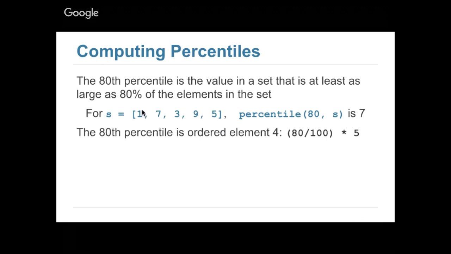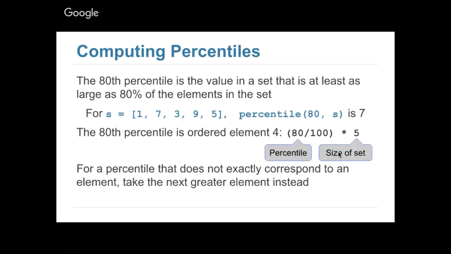Another way of computing it: take 80 divided by 100 to get 4 out of 5, then multiply by the number of elements, 5, to get 4. We're looking for element number 4. Sorting, we look 1, 2, 3, 4, and that's element 7. So the 80th percentile is 7. We can ask for any other percentile, going from 0 to 100.